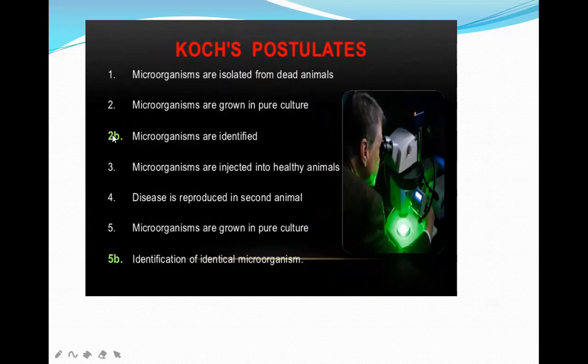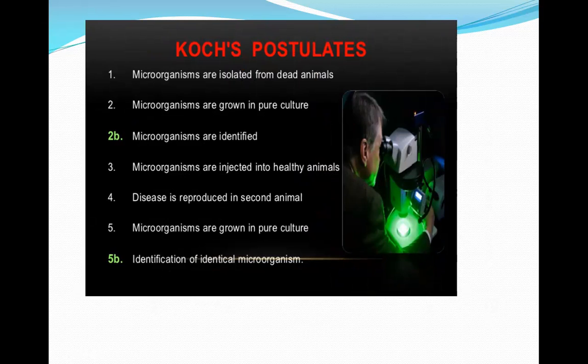See here, the microorganisms are isolated or separated from the dead animals. These microorganisms are grown in pure culture, that is artificial culture, that may be nutrient agar or potato dextrose agar.